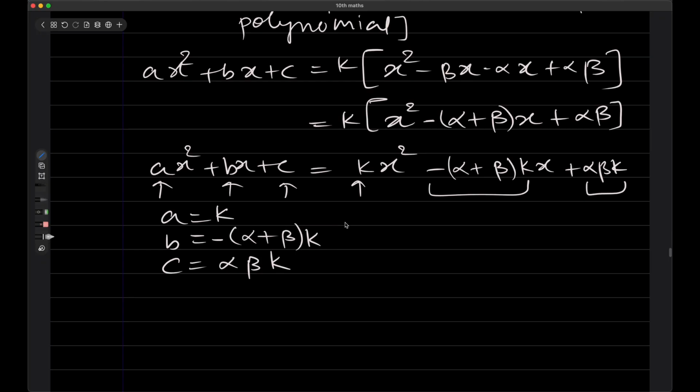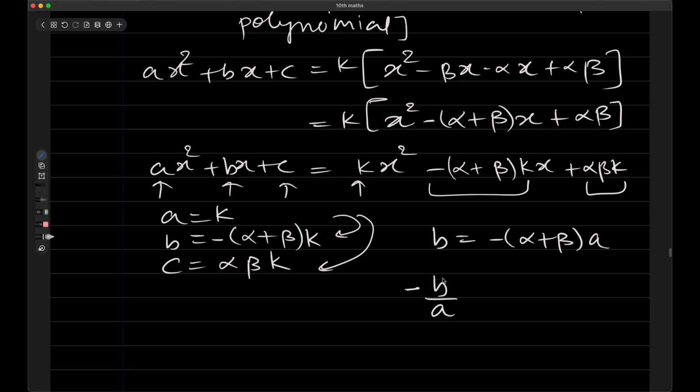Now I can put a equals k in both of these equations, that is b equals minus of alpha plus beta into k equals a, so we have got the relationship between alpha beta and a, b, that is coefficients, b by a.